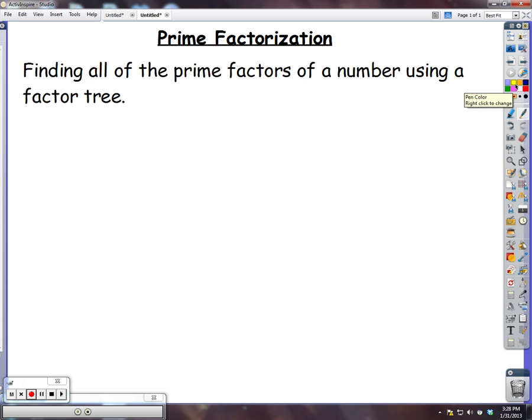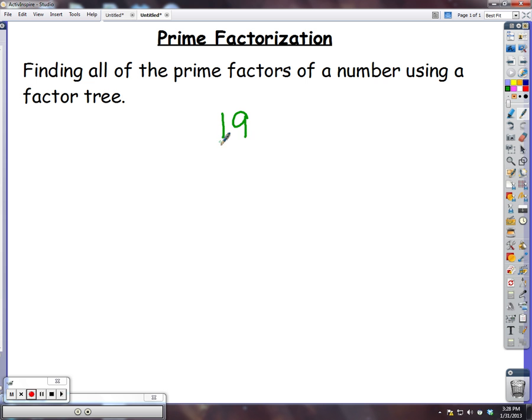Let's look at another situation that does not occur very often, but it could happen. Let's take the number 19. So if we're going to find the prime factorization of 19, we run into a little bit of a problem. 19 is already a prime number.